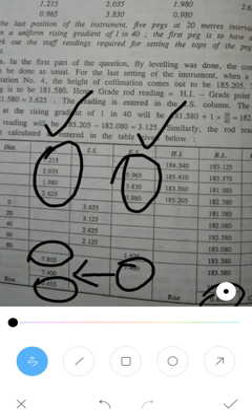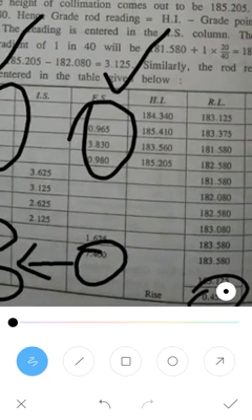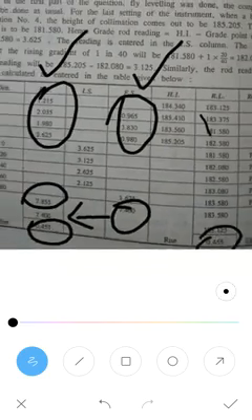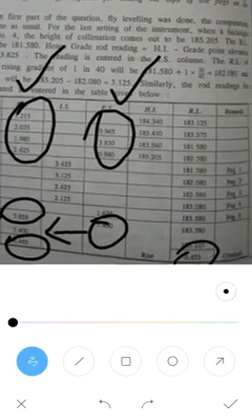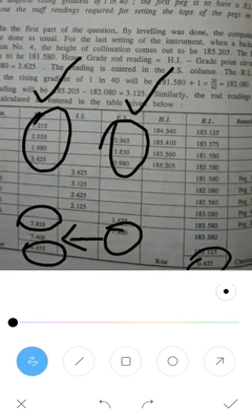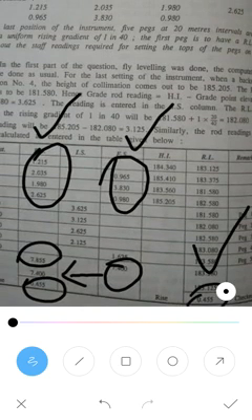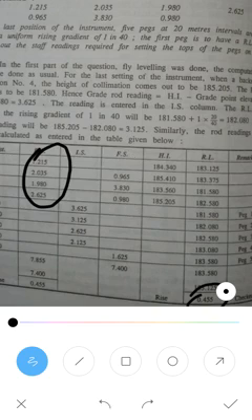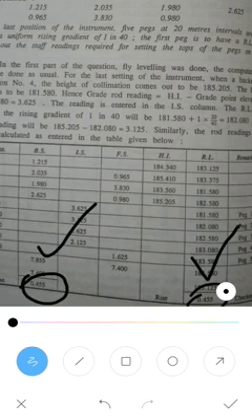The difference is 0.455 here also, and here also. This gives the differences.